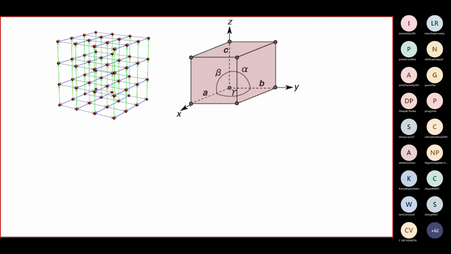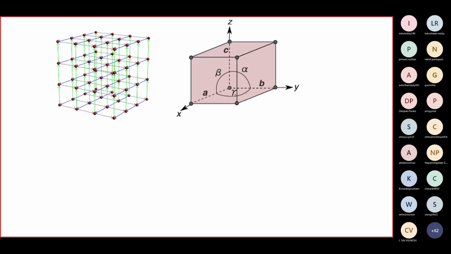Along the x-axis we have the basis vector A, along the y-axis the basis vector B, and along the z-axis the basis vector C. If it is a cube, then the magnitudes of the basis vectors are equal: mod A is equal to mod B is equal to mod C.